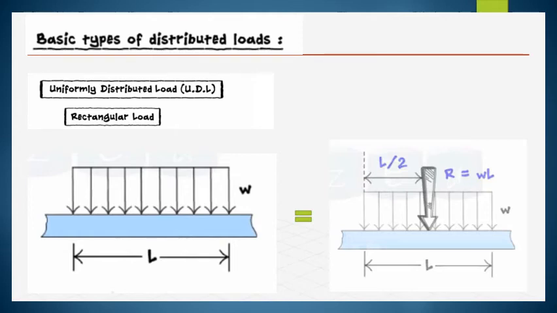The height of the rectangle is W, the width is L. So the total intensity of the loading is W into L, at a distance of L by 2 from either end over which it has been spread out.